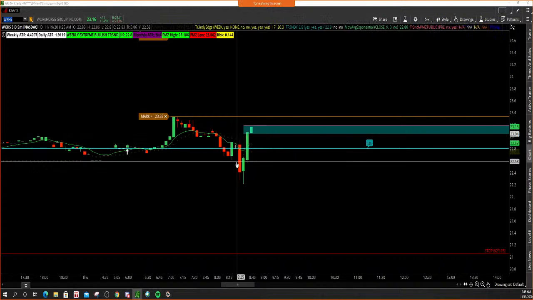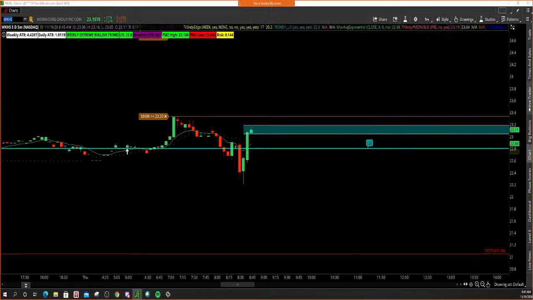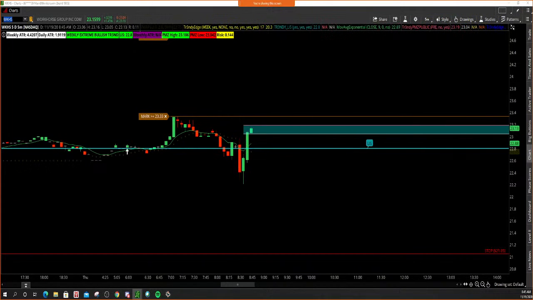All right, so here we go on Workhorse. 2243. That's not bad. I mean, see if we can get out of here, and then we'll try and put some stops under here. See if I can break this PMZ. There is a pivot in here that I'm a little concerned about.